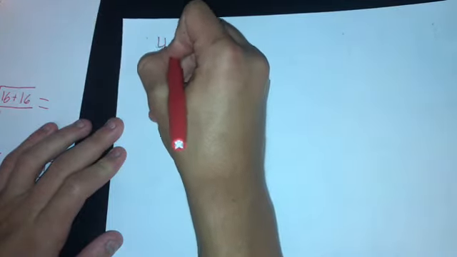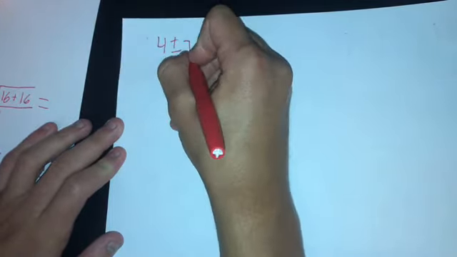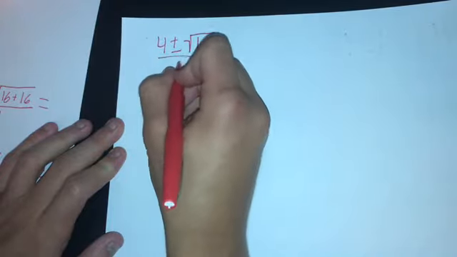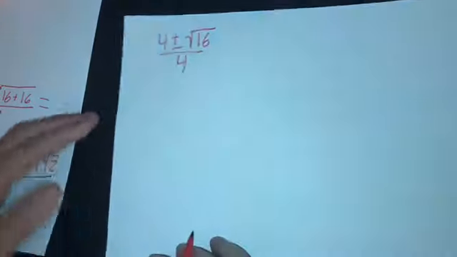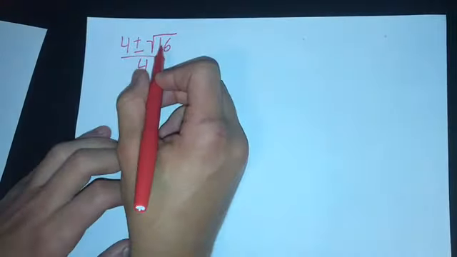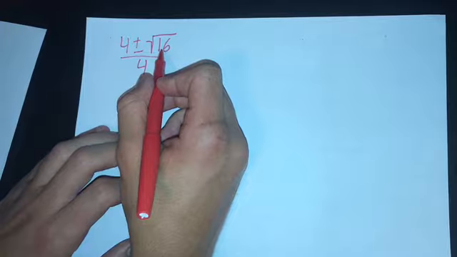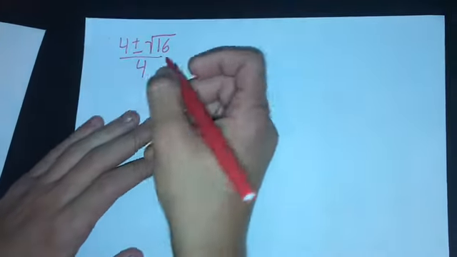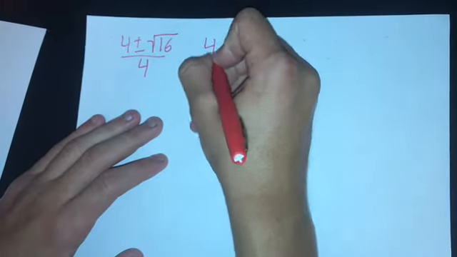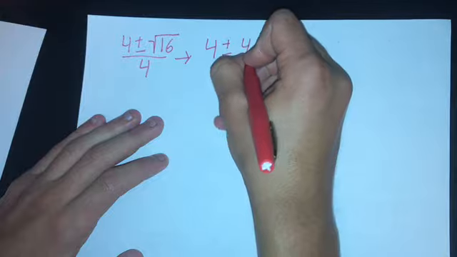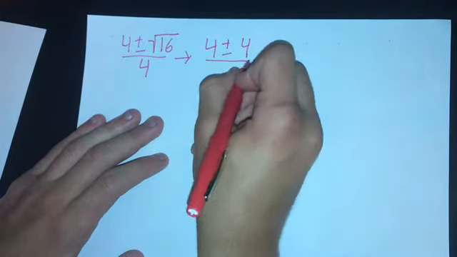So we're going to go 4 plus or minus the square root of 16 over 4. Now this is a little different than what we just did, because we can straight away know that 16 is 4 squared, because it's a square root. So we're going to take it over here. 4 plus or minus 4 over 4.